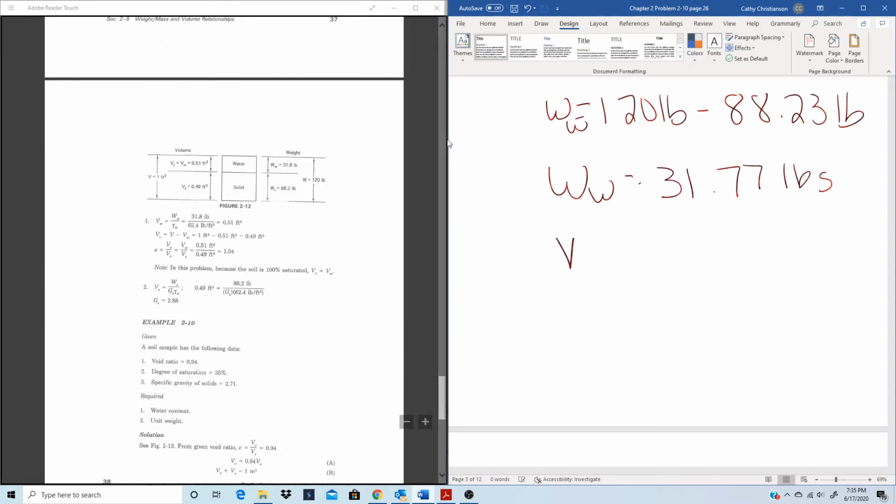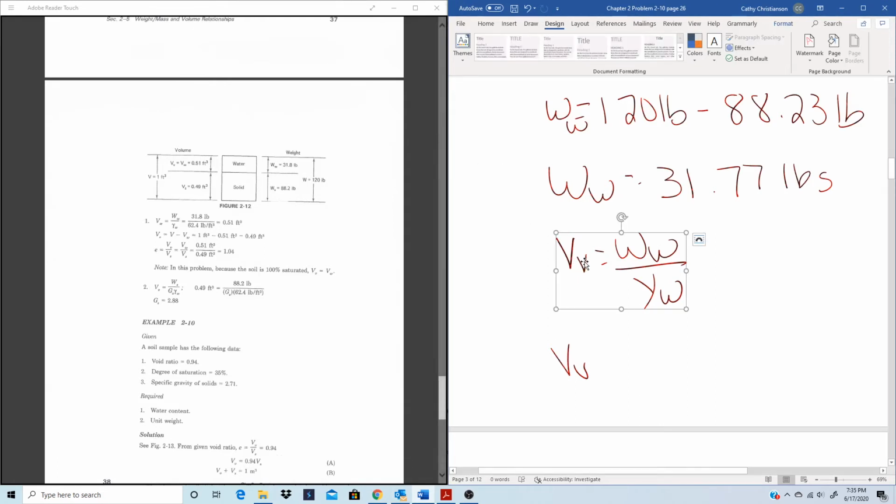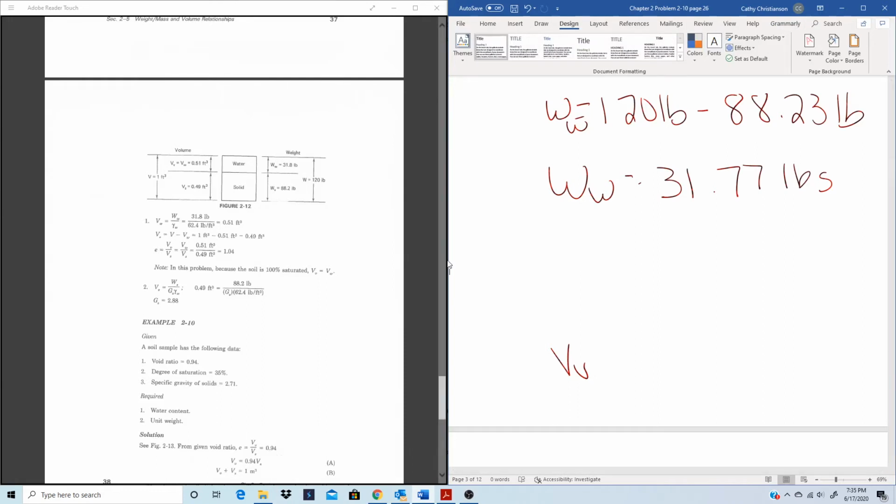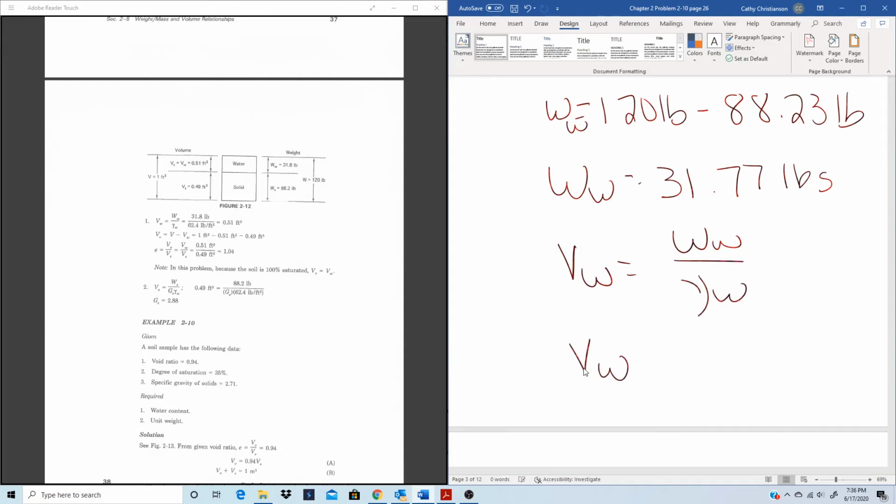So the volume of the water equals the weight of the water divided by unit weight of water. So we're solving for that.